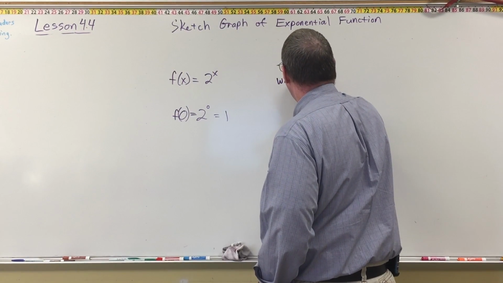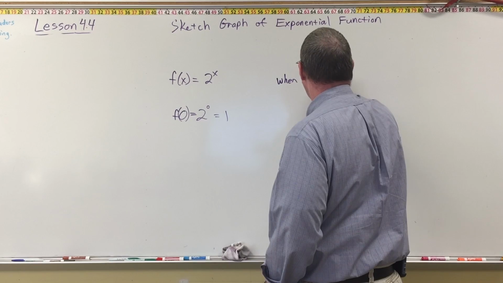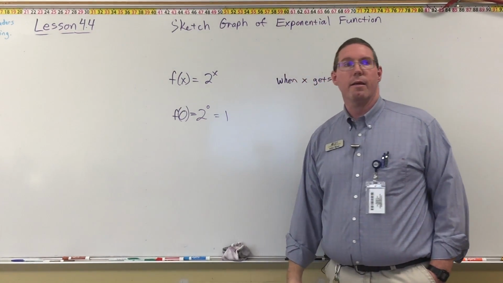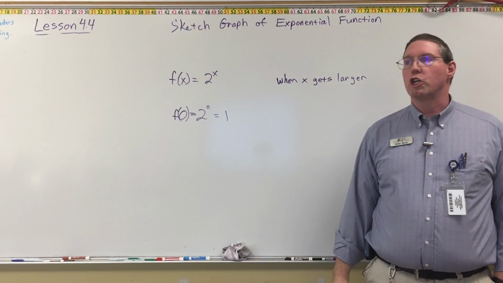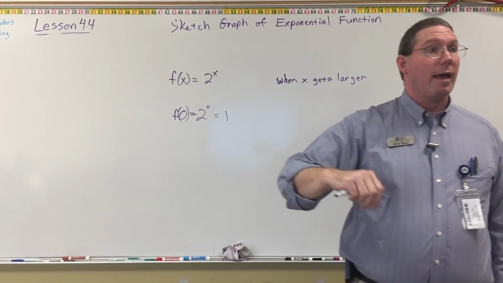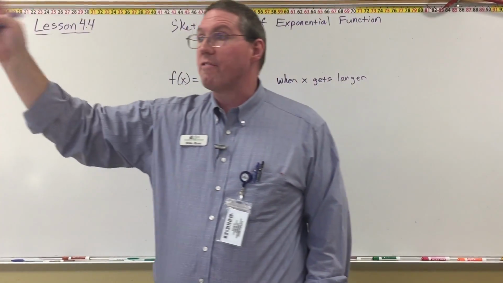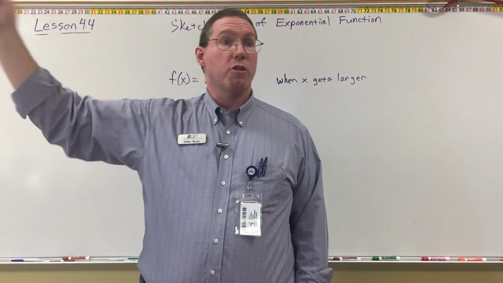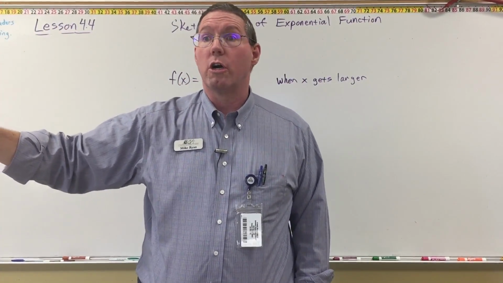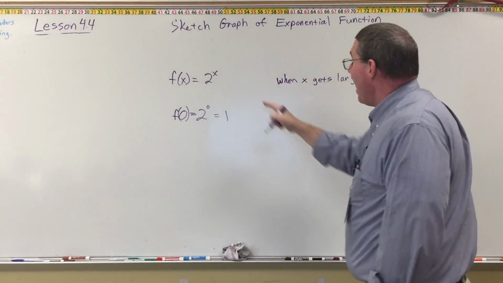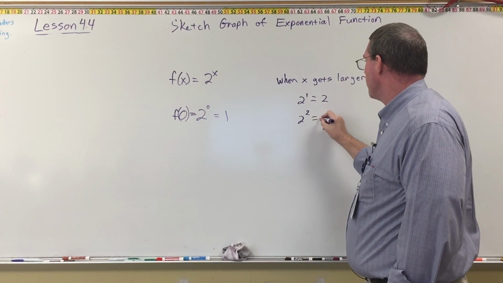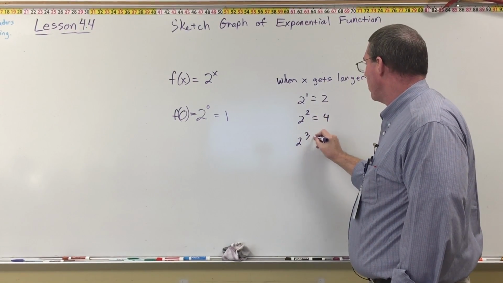Now, what happens when x gets larger? What do I mean by x gets larger? Can somebody give me an example of x getting larger? 5? Yeah, greater than 0. 5, sure. Okay, as it goes 1, 2, 3, 4, 5, 6, 7, 8. Got it? Or even 30, 40, 50, 60. Okay? As x gets larger, this 2 to the x, so 2 to the first is equal to 2. 2 to the second is equal to 4. 2 to the third is equal to 8.